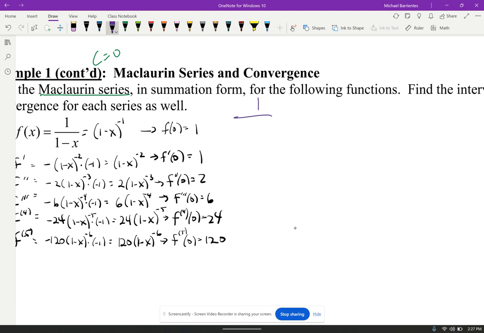So I have 1 over 1 minus x is going to equal the first term plus the derivative times x minus c.